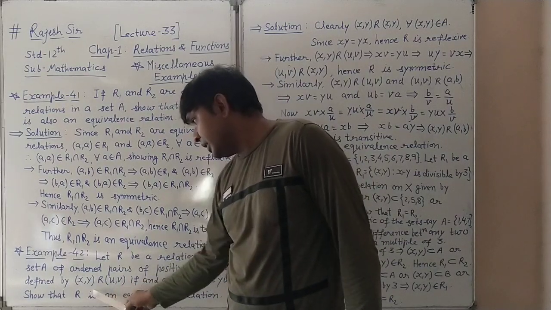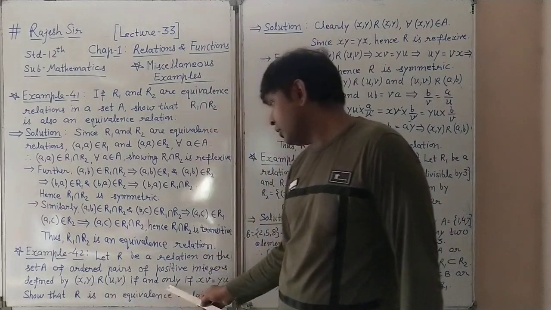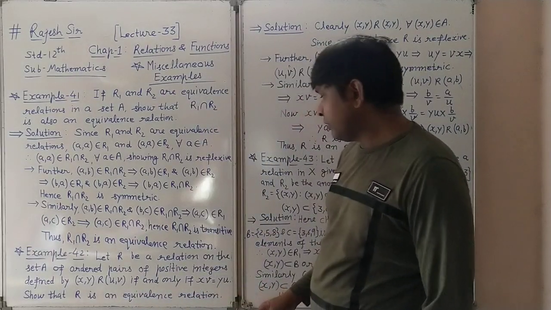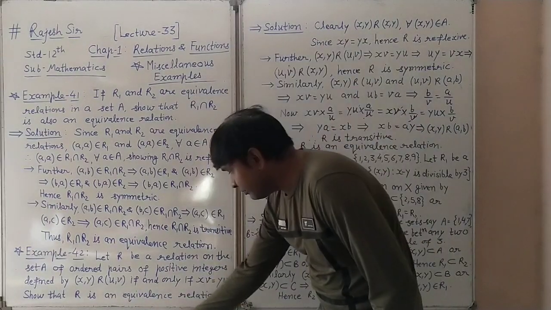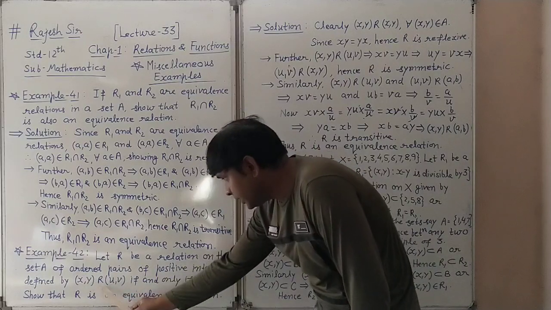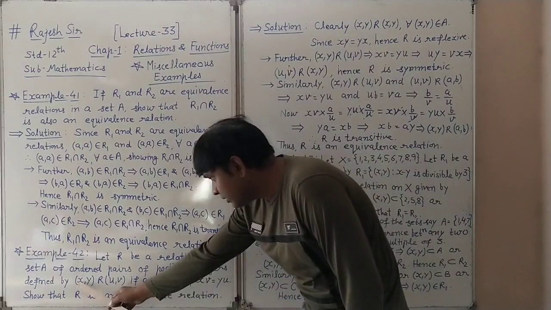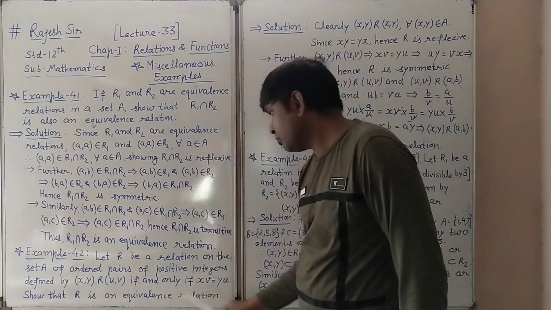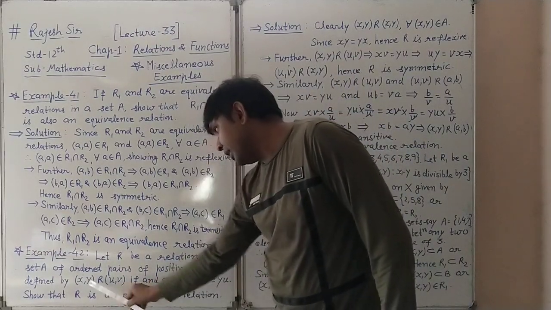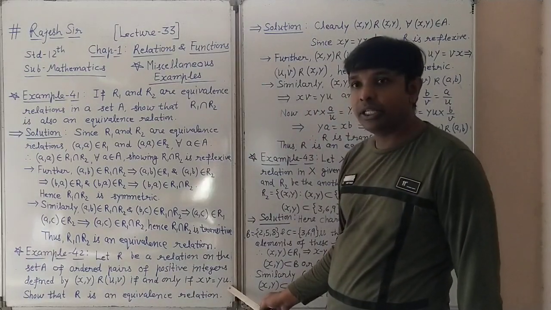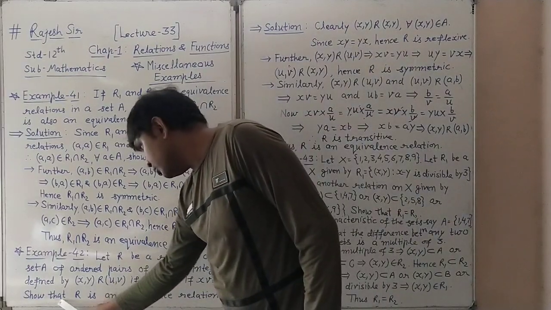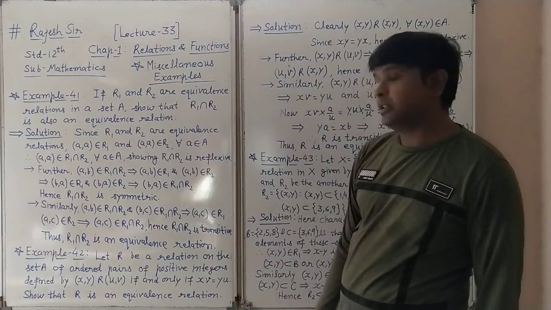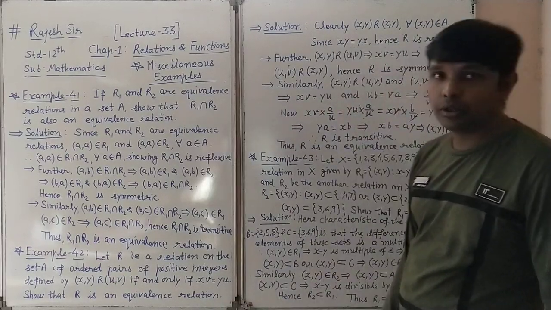This is called (x, y) related to (u, v) if and only if xv equals yu. How is it related? The first and last elements multiplied, x into v, equals the second and third multiplied, y into u. This way it is defined. We have to show that R is an equivalence relation.